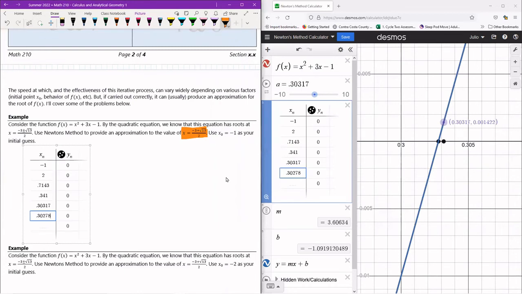And what happened to our list, look at this. We needed this many before. Now we have an additional 2 steps.